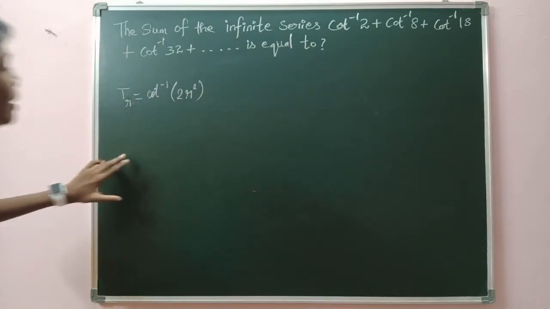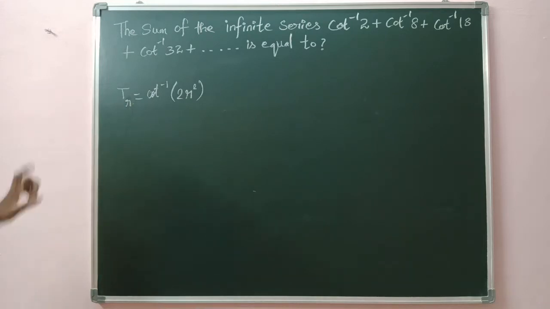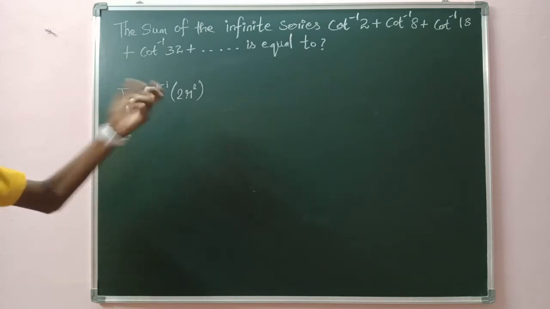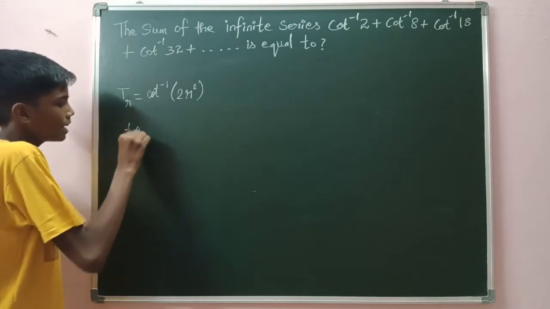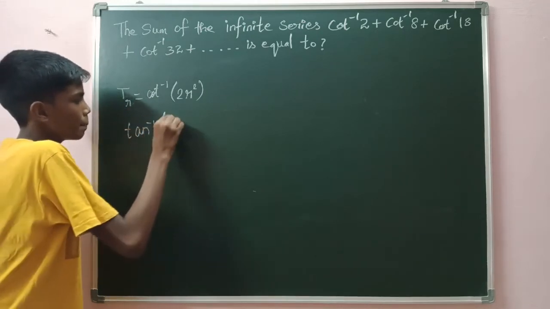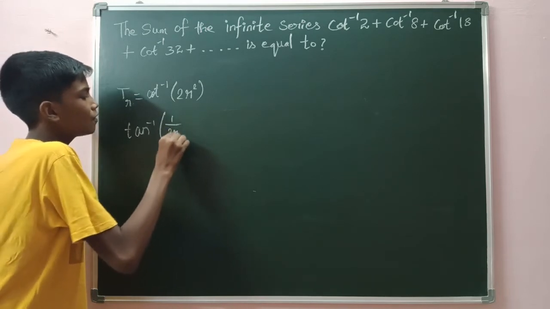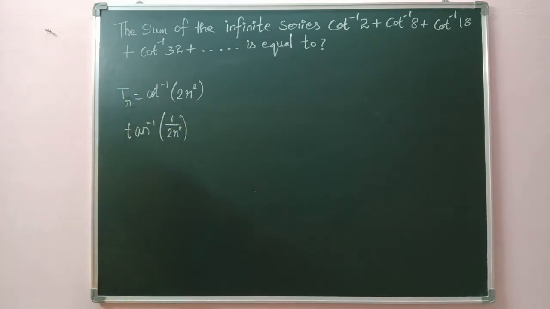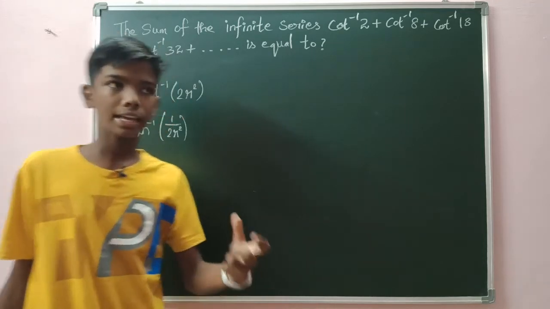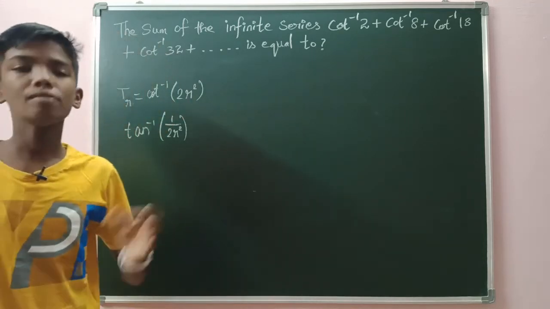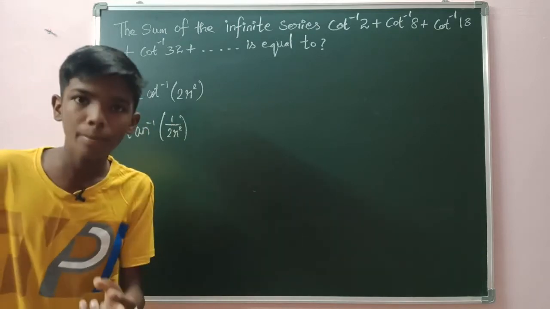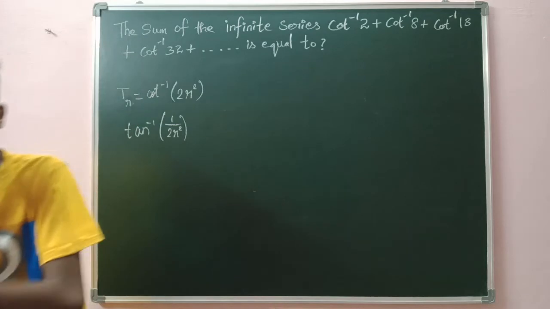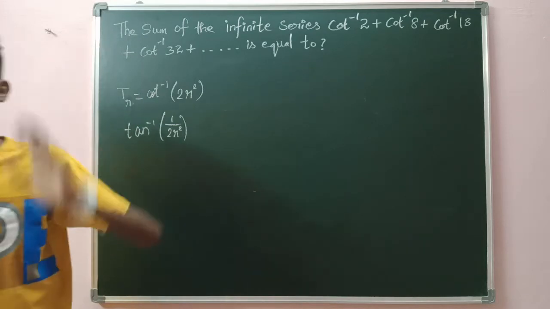So now, what I'm going to do is convert this term in terms of tan inverse. So I can write the same general term as tan inverse of 1 by 2r square. Before itself I told you, guys, whenever you have a general term like any inverse trigonometric function, your first step should be to convert it to a particular function such that it is in terms of tan inverse.